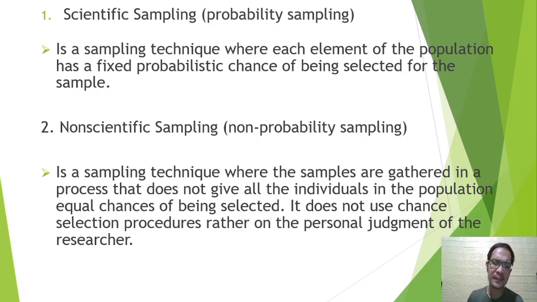Now, how about non-scientific sampling or non-probability sampling? It is a sampling technique where the samples are gathered in a process that does not give all individuals in the population equal chances of being selected. It does not use chance selection procedures but rather the personal judgment of the researchers.